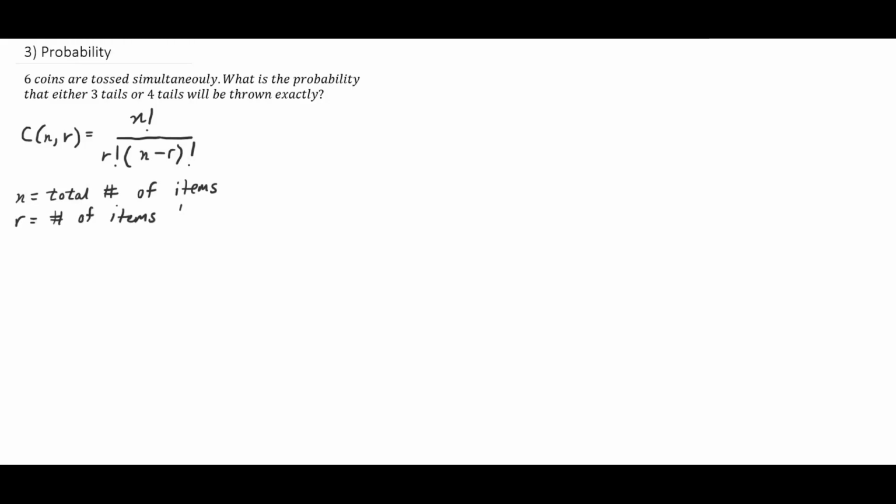Just for your knowledge, the combination formula is nCr, so n represents the total number of items, r represents the number of items being chosen at a time.